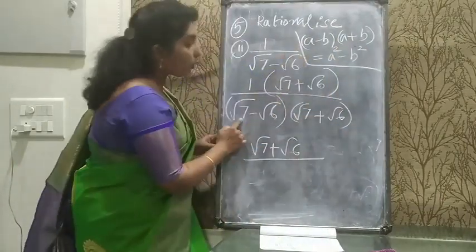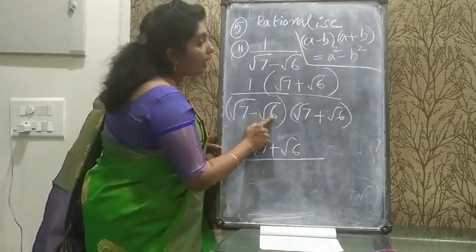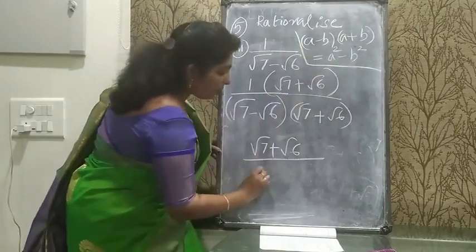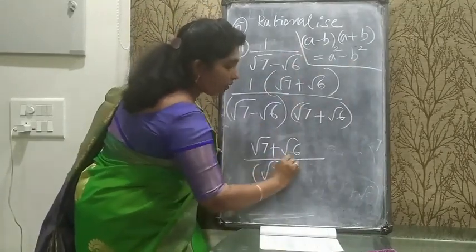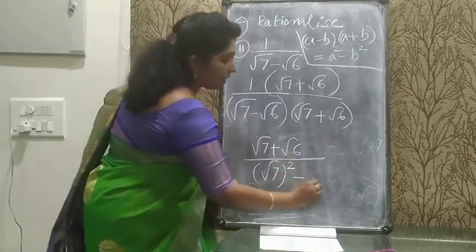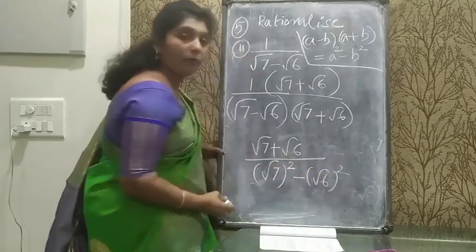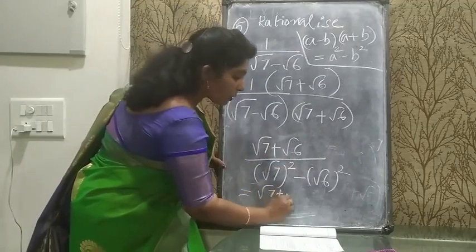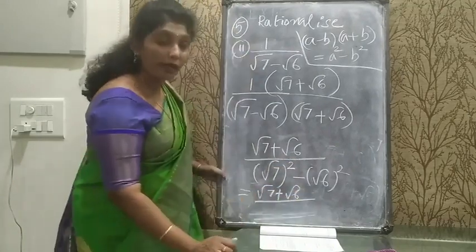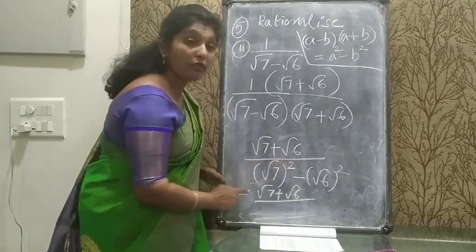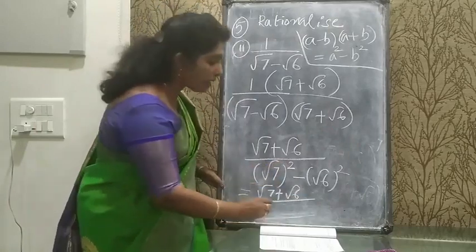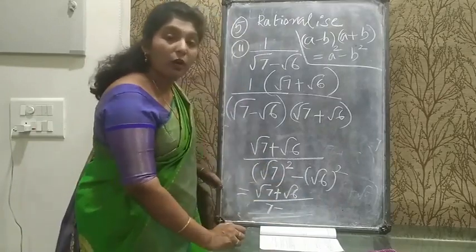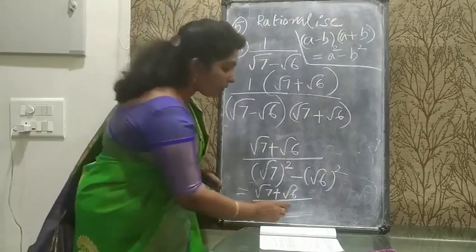Here in place of a, root 7 is there. In place of b, root 6 is there. So that can be written as root 7 square minus root 6 square. So numerator is root 7 plus root 6 and the denominator is root 7 square, which means root 7 into root 7 which is 7, minus root 6 square, which means root 6 into root 6 which is 6.